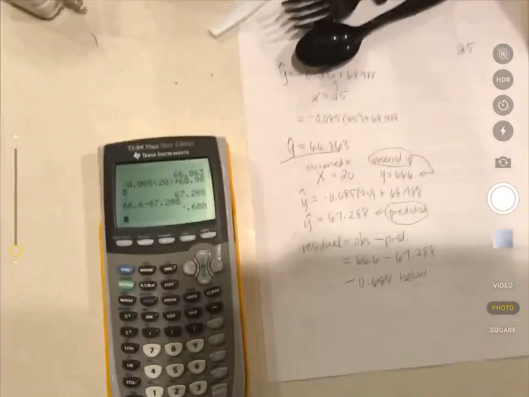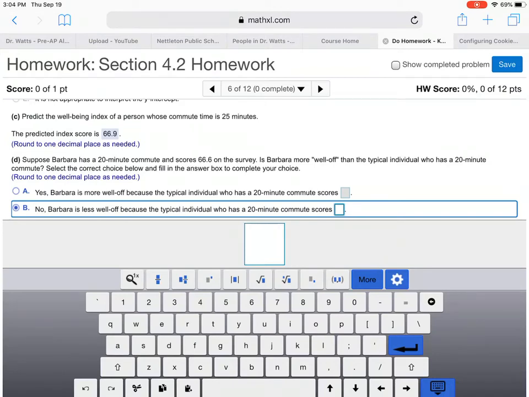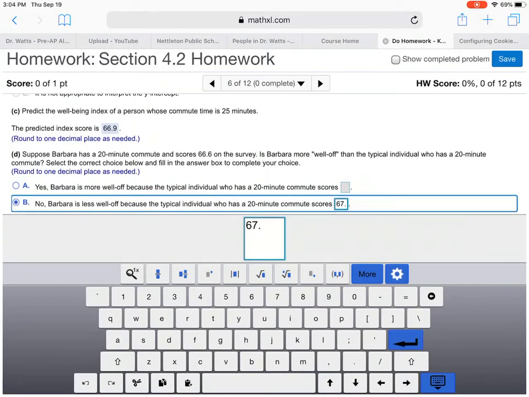So I need to go back to Pearson. So because it's below the predicted value, this means that Barbara is less well off because the typical score for a 20-minute commute is 67. We're supposed to round to one decimal place, 67.3.